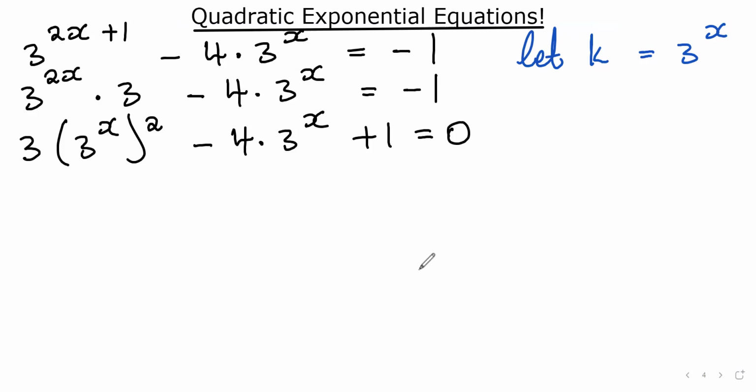I want to maximize the space that I have here. So then this means we now have 3k squared, and here we have 4k, and then plus 1, and this is equal to 0. I think this is an ugly k. Right, much better.